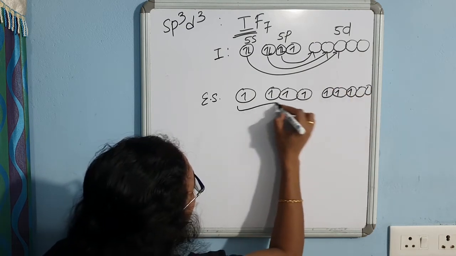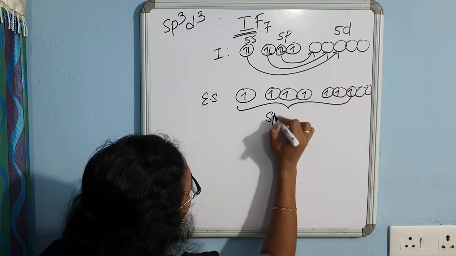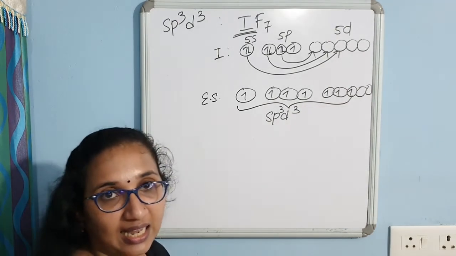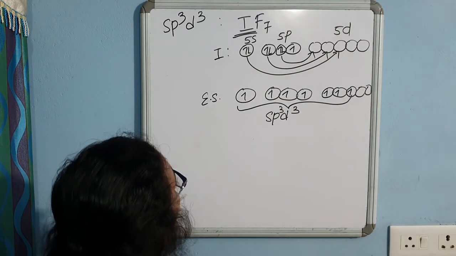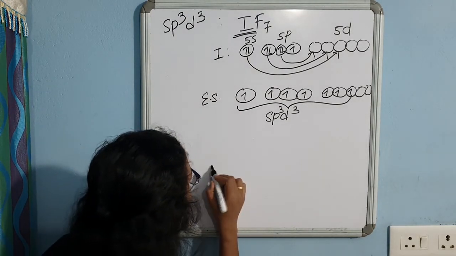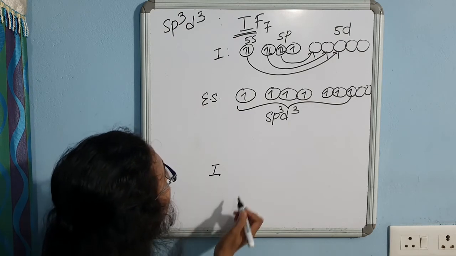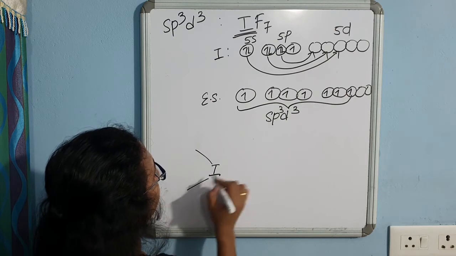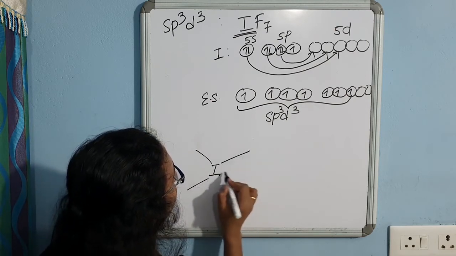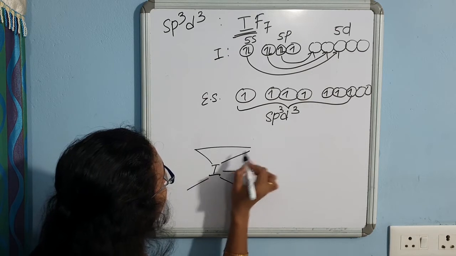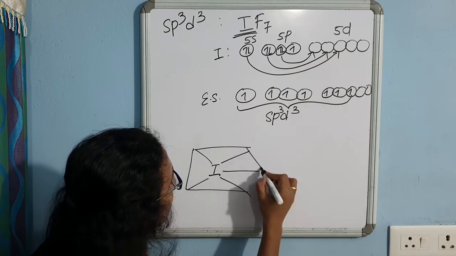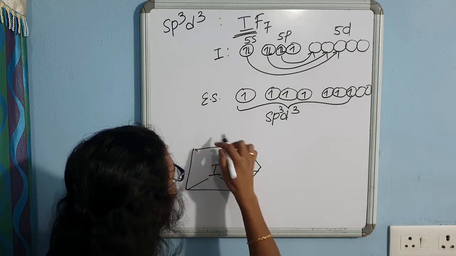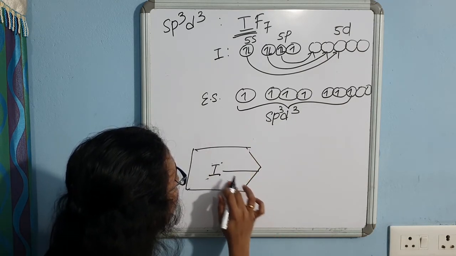So these 7 atomic orbitals undergo mixing or hybridization to form 7 sp3d3 hybrid orbitals, and these 7 orbitals are oriented in a pentagonal bipyramidal manner around the central iodine atom. Okay, so there will be a pentagonal bipyramidal arrangement of hybrid orbitals.